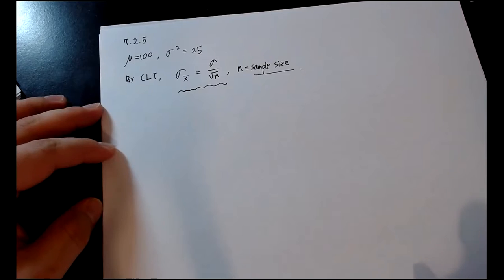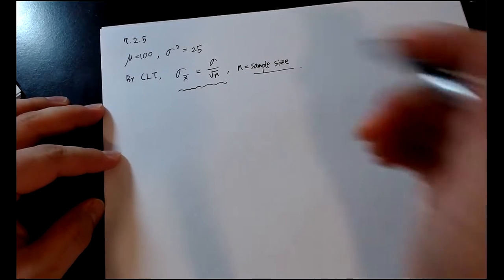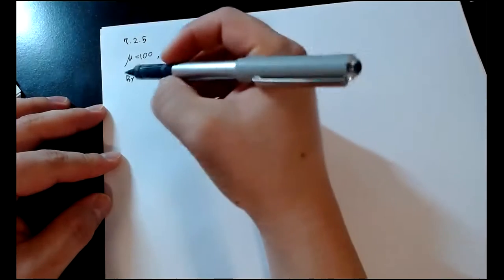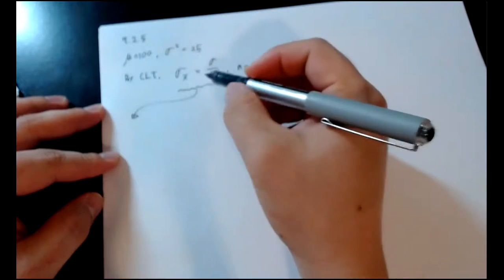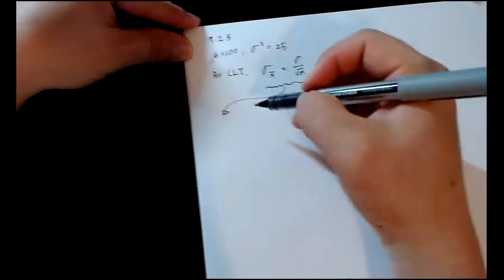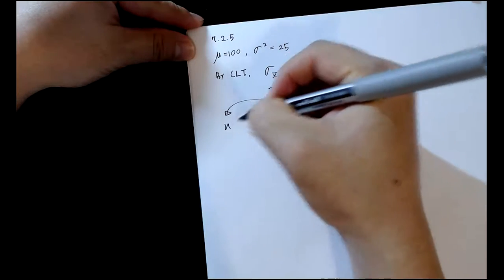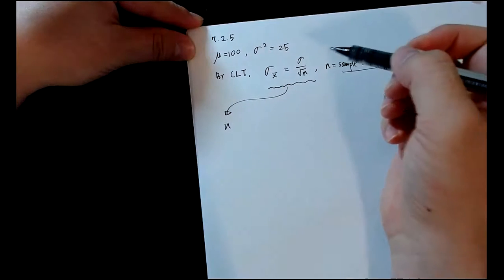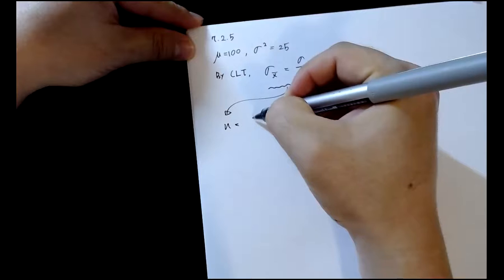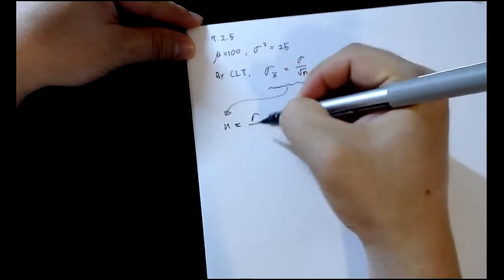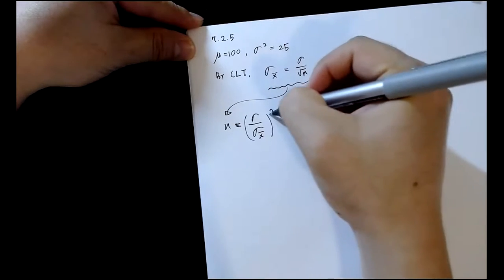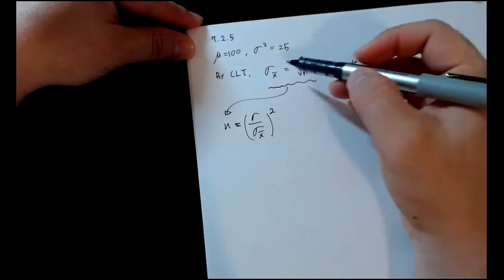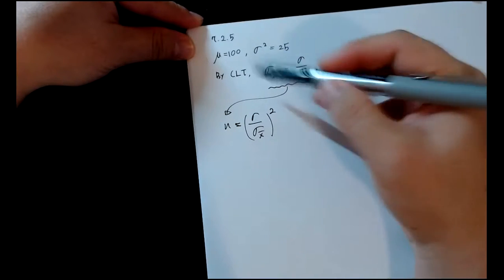So we're going to solve that equation for n. Now n is equal to sigma over sigma x bar, squared. I switch the sigma x bar and square root n and take a square on both sides.